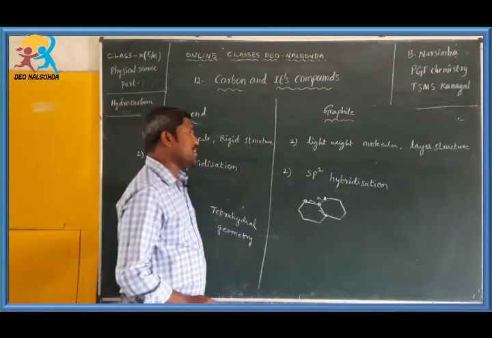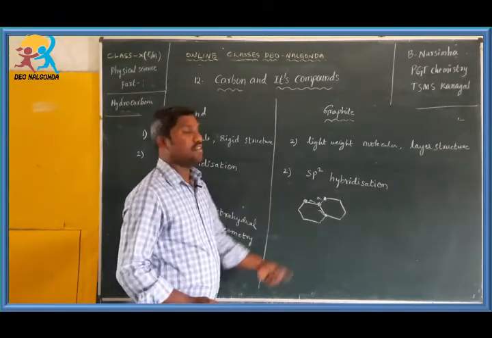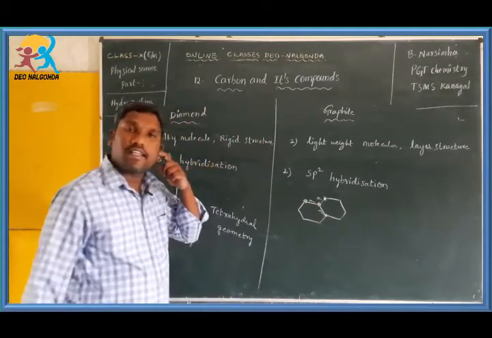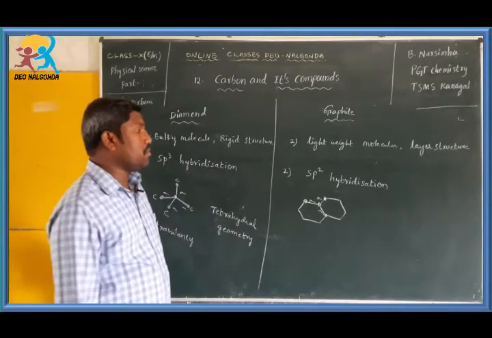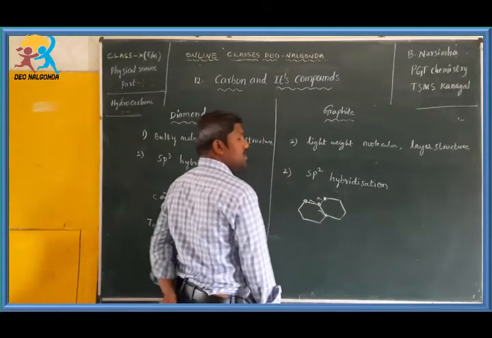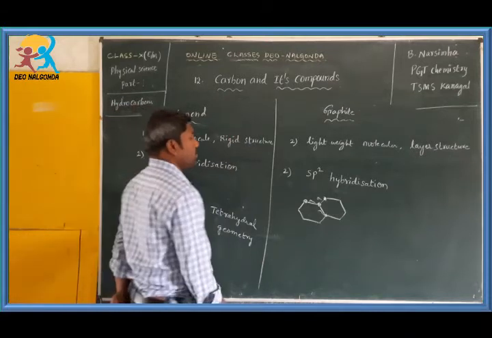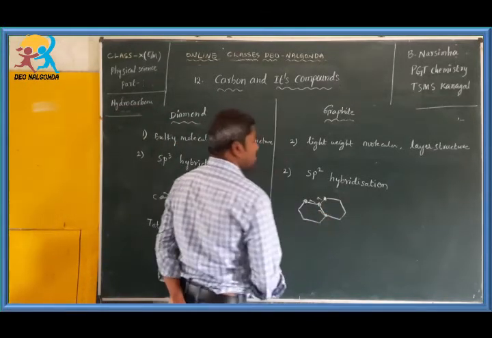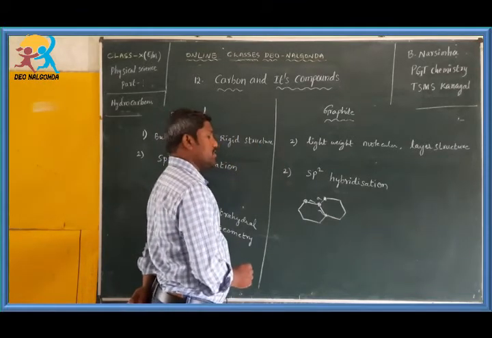Therefore, graphite contains sp2 hybridization, 3 sigma bonds, each central carbon atom bonded with 3 other carbon atoms. Therefore, this is trigonal planar, and sp2 hybridization takes place in graphite. Therefore, it forms planar structures.